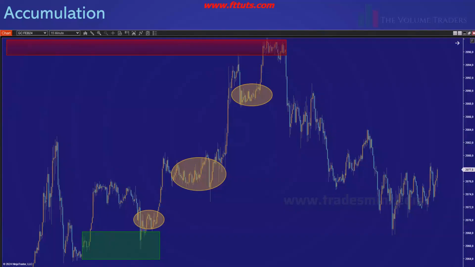And I'm not going to explain what support and resistance is. Here we have resistance, here we have support, and how to spot it on the chart, because the price moves within the structure of support and resistance.